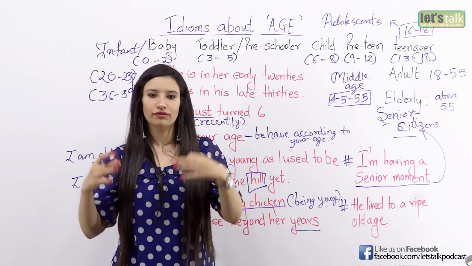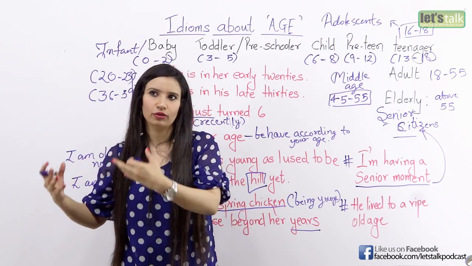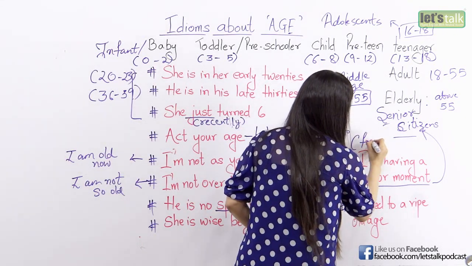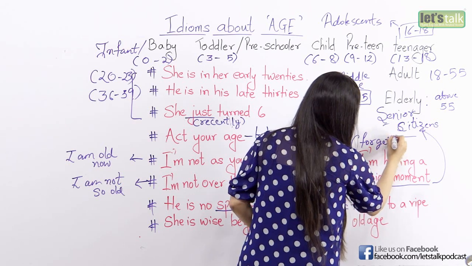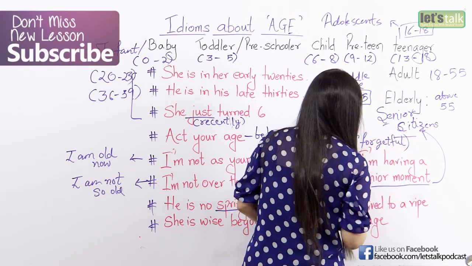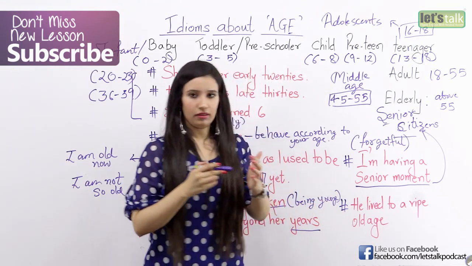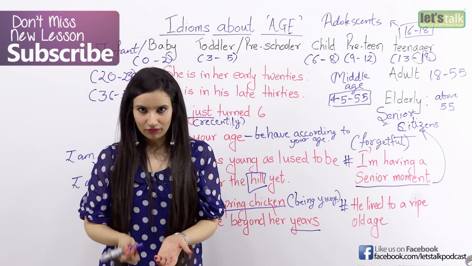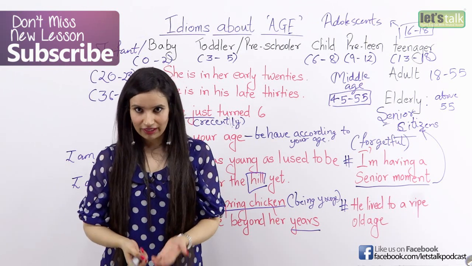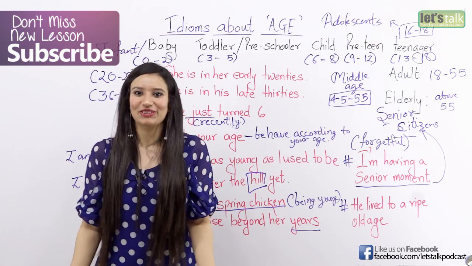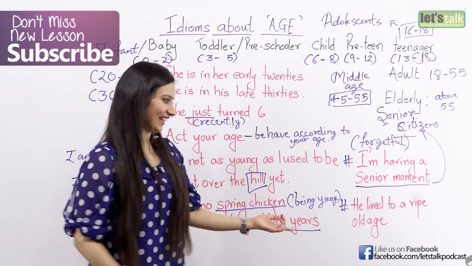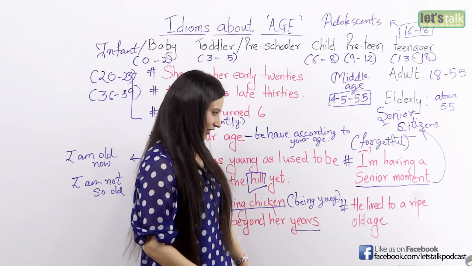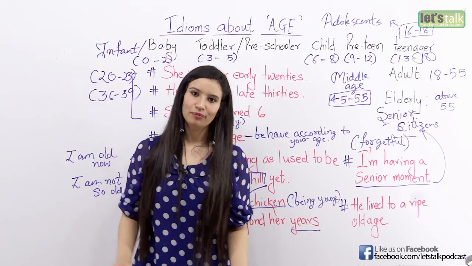Forgetful means that they're forgetting how to do things, or they're forgetting to do things. Yesterday, my mom had a senior moment when she added salt to milk instead of adding sugar because she just forgot it.